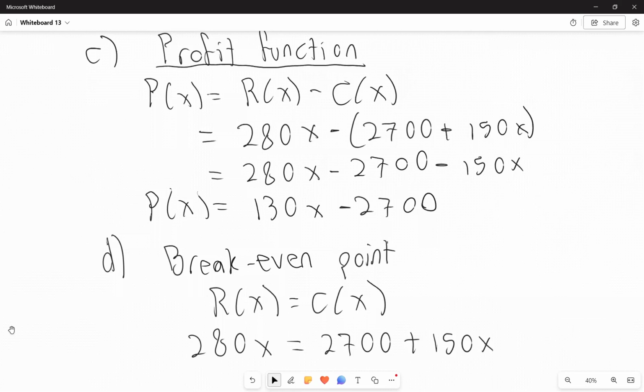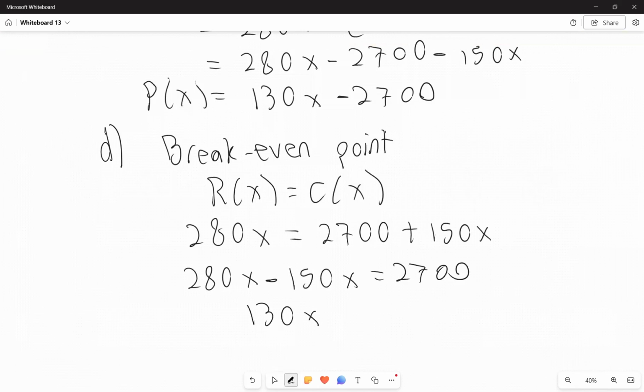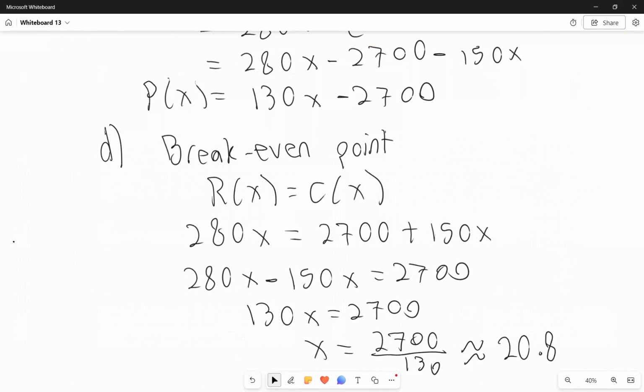So that's a linear equation. We're going to subtract 150x from both sides, so that's 130x equals 2,700, and x is, dividing both sides by 130, approximately 20.8. That's the break-even point.